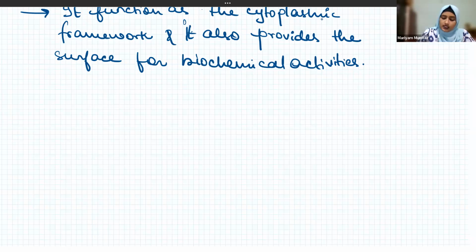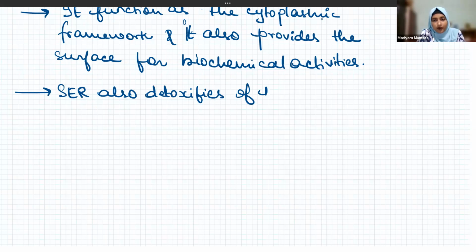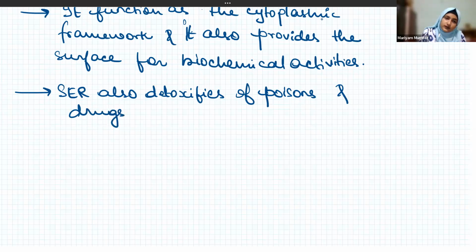One more function. The SER, the smooth endoplasmic reticulum, also detoxifies. It performs the function of detoxification of poisons and drugs. And this is done in vertebrates, so you'll write in vertebrates.